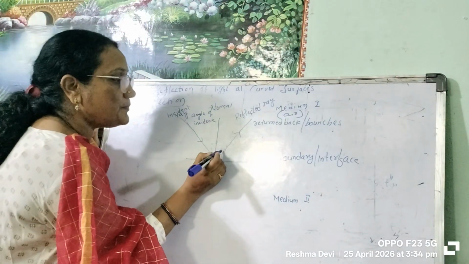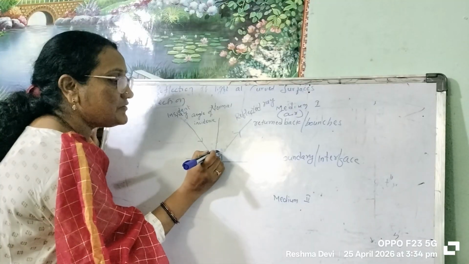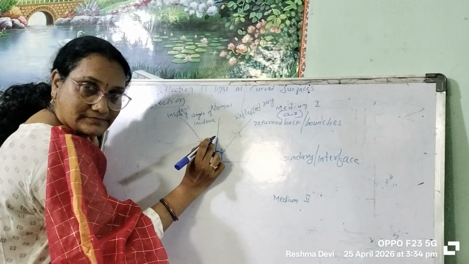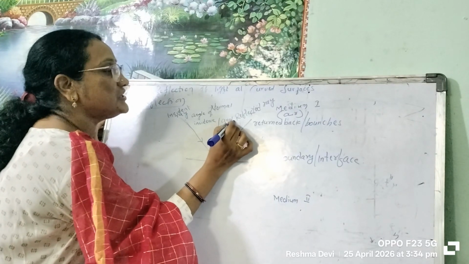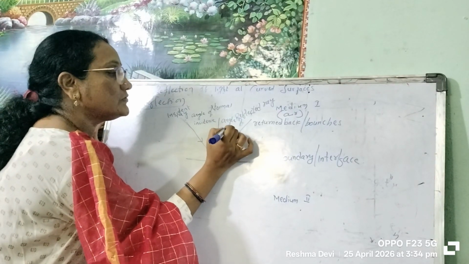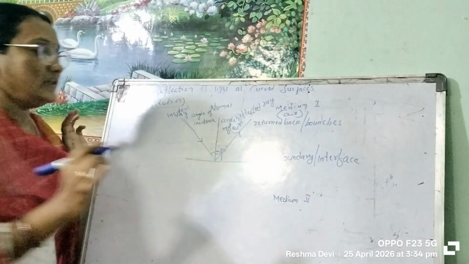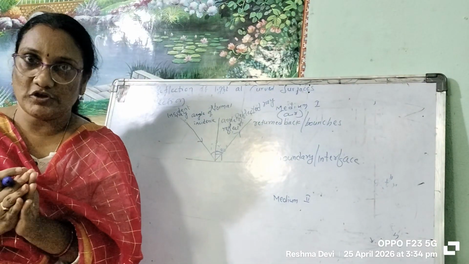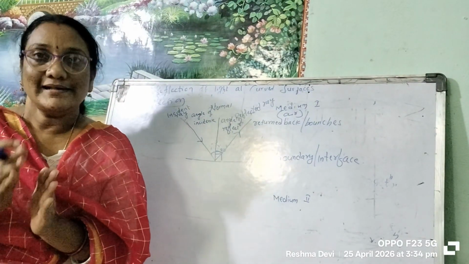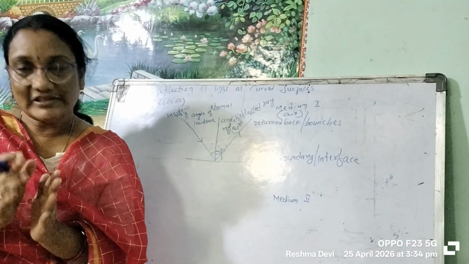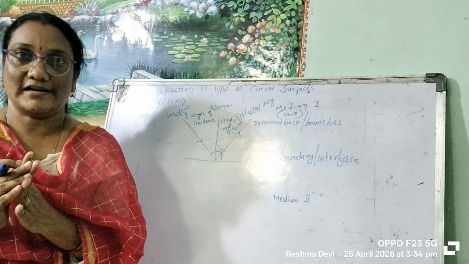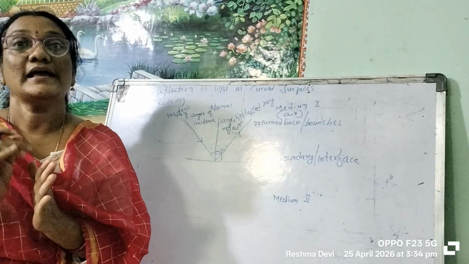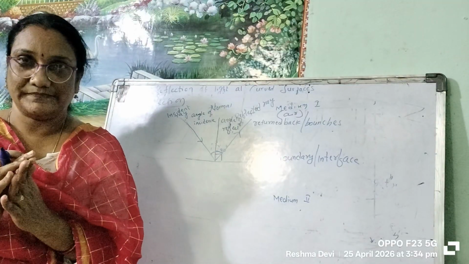Reflected ray is also making certain angle with a normal. This we call it as angle of reflection. It is denoted by small letter r.